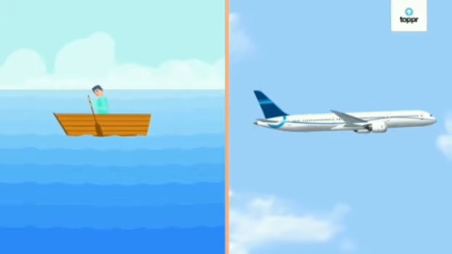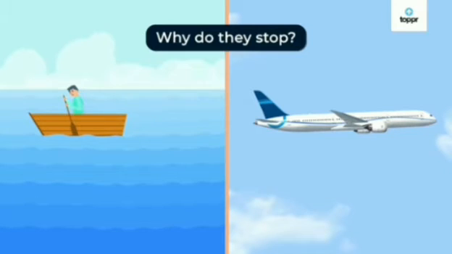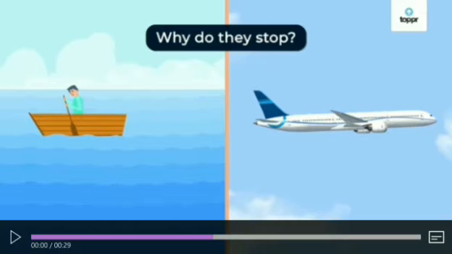If the engine stops working, then either the plane will fall down or crash somewhere. Why do they stop? Why is this happening? Have you ever thought about this? Okay.